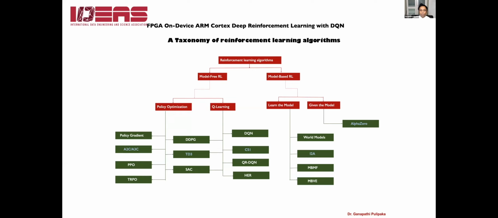And so primarily, if you're going for policy optimization, we just spoke about policy gradient, A2C, A3C, the actor and critic networks. So that's a type of policy optimization. And we also talked about trust region policy optimization. And again, policy optimization has something like DDPG, deep deterministic policy gradients.